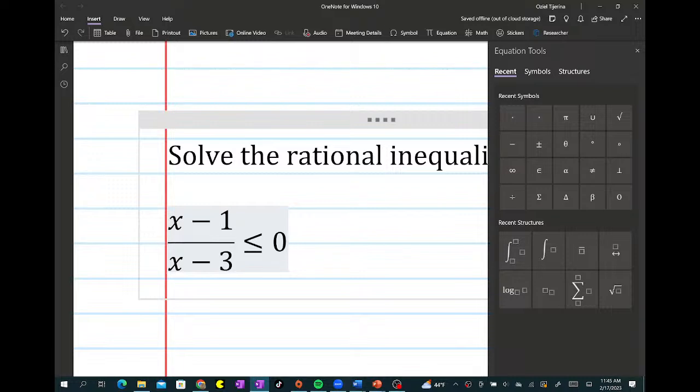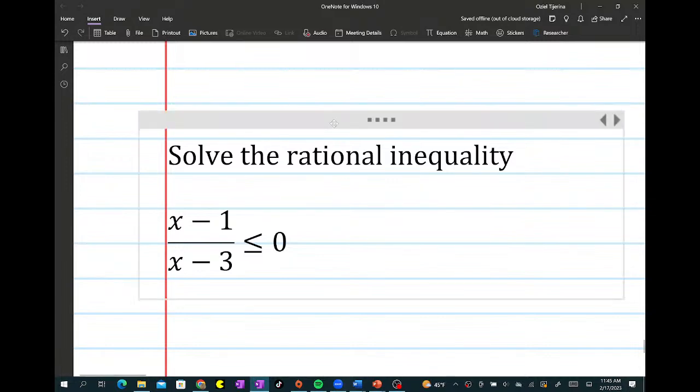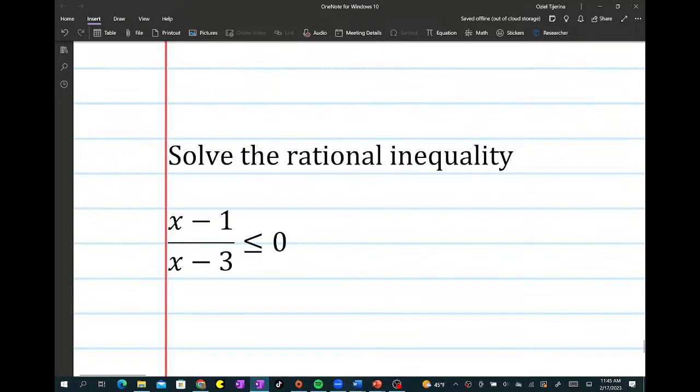And that was the inequality that we are basically looking at, right? And I want to go over this because I do think it's very important.